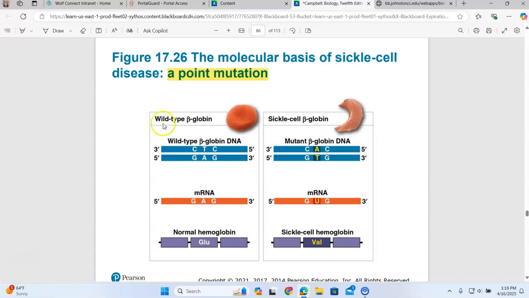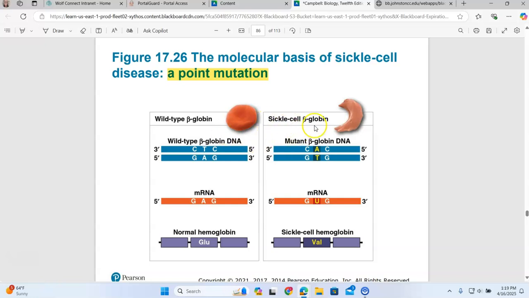So there is the wild type, and wild type means normal. I think they just don't want to use the word normal because then it sounds like if you have sickle cell, you're not normal. But the wild type is the regular copy of the beta globin protein. And so it gives you nice, round, healthy red blood cells when you have that wild type beta globin portion of the hemoglobin.